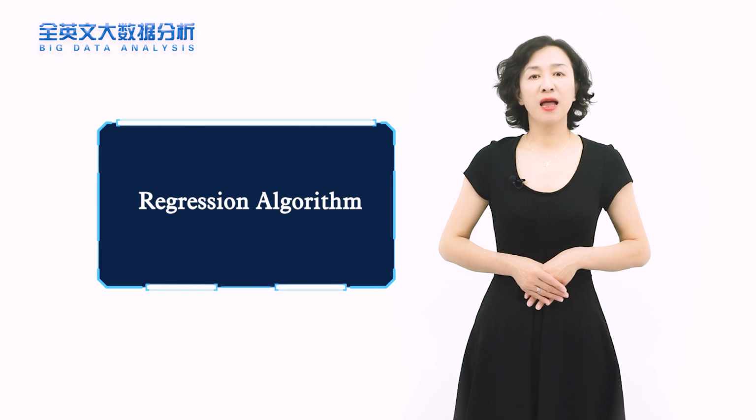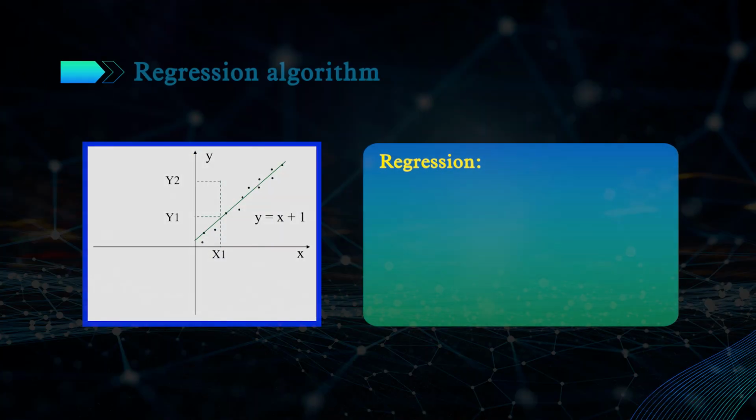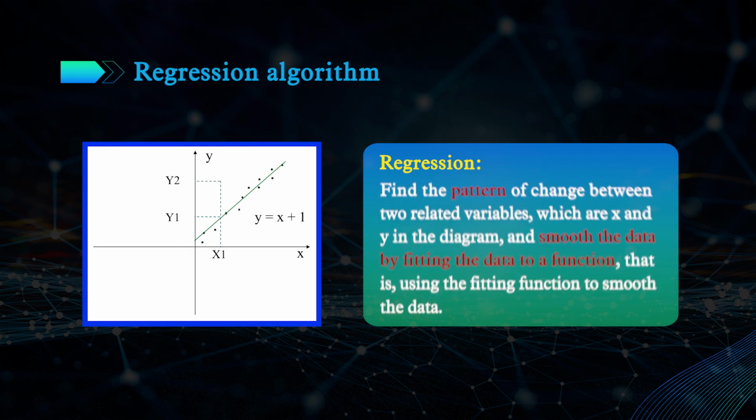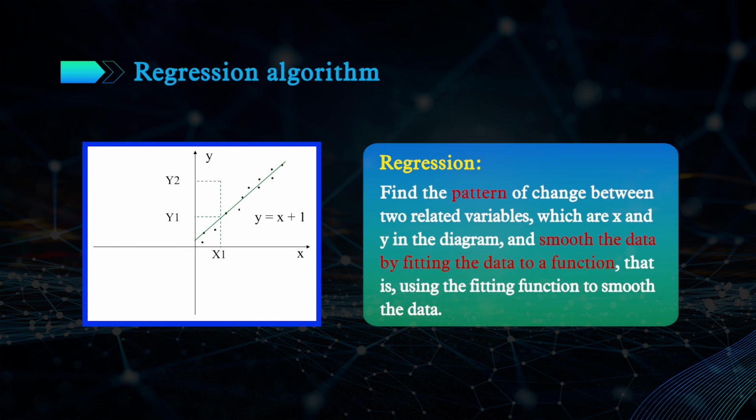The third way of eliminating data noise is the regression algorithm. Now let's look at the regression algorithm. Regression means finding the pattern of change between 2 related variables, which are x and y in the diagram, and smoothing the data by fitting the data to a function, that is, using the fitting function to smooth the data.